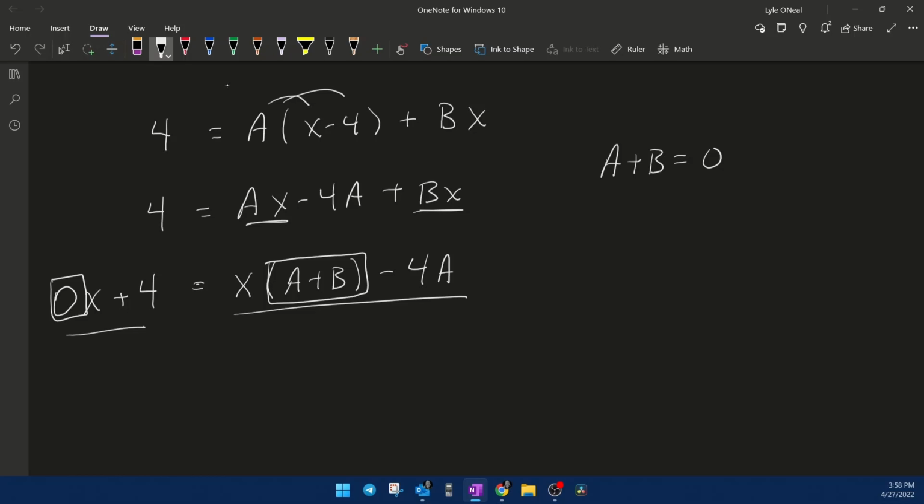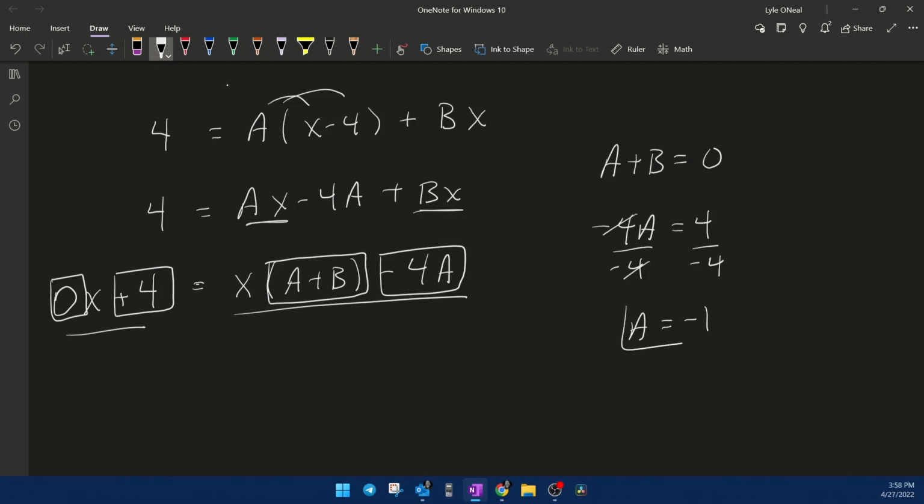We also know for the left-hand side to equal the right-hand side that the constant has to equal the constant. From that, we can get negative 4a has to equal 4. And then from that equation, we can solve for a. Dividing both sides by negative 4, that's going to give us a is negative 1.